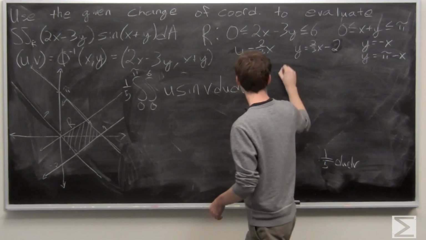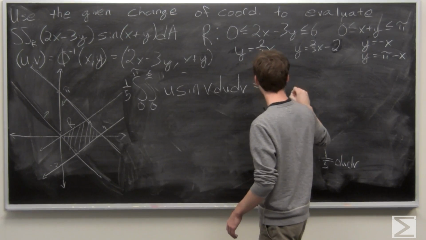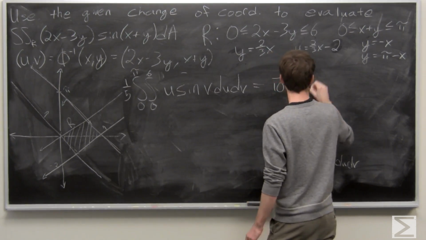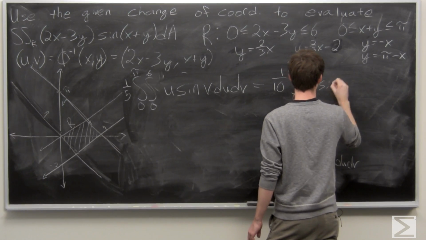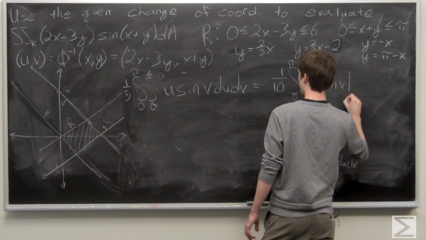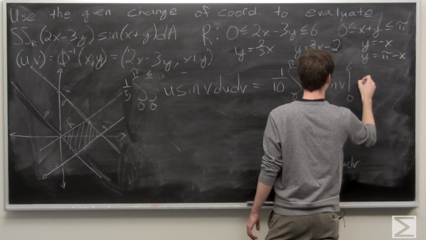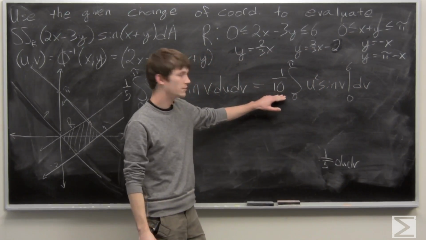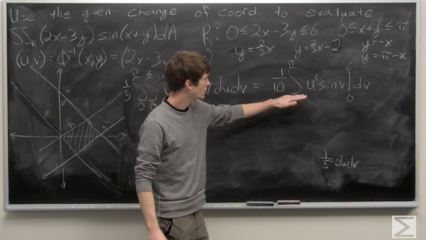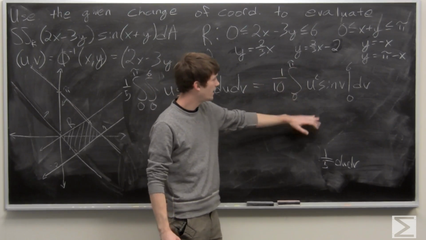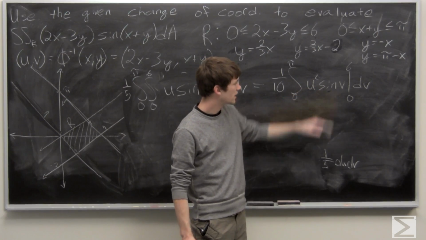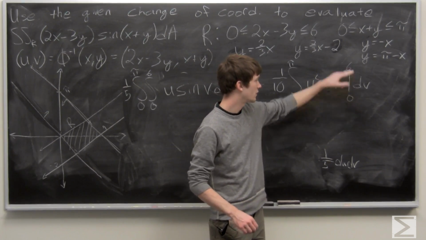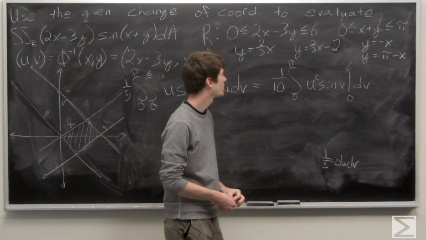So 1/2 times 1/5 is 1/10 times the integral from 0 to pi of u squared sine v, where u is evaluated from 0 to 6 dv.